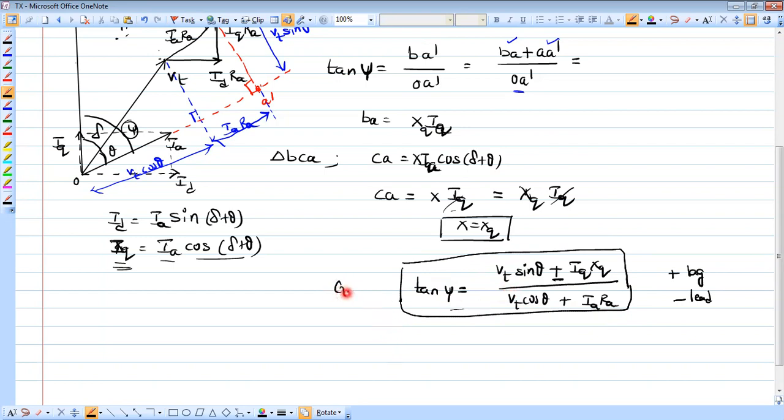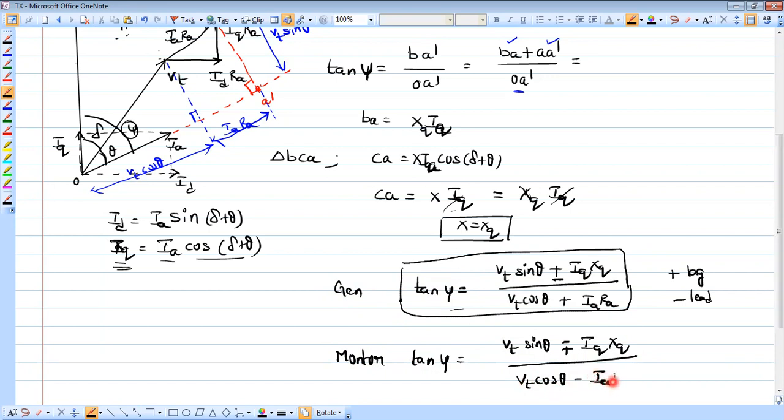So this is for the generator, and for the same relation for a motor, tan psi becomes VT sine theta minus or plus IA XQ by VT cos theta minus IA RA. So here minus for lagging and plus for leading.